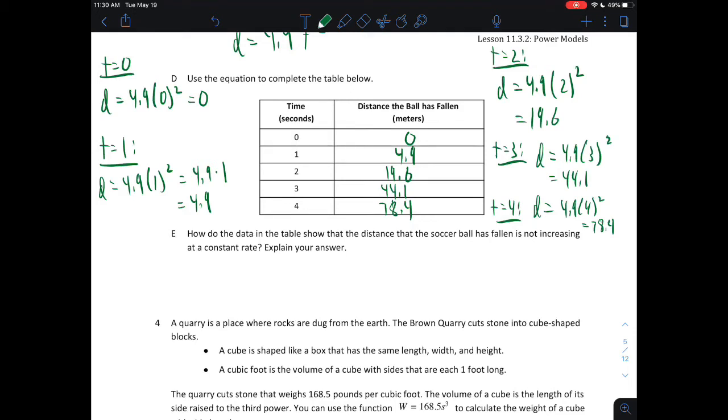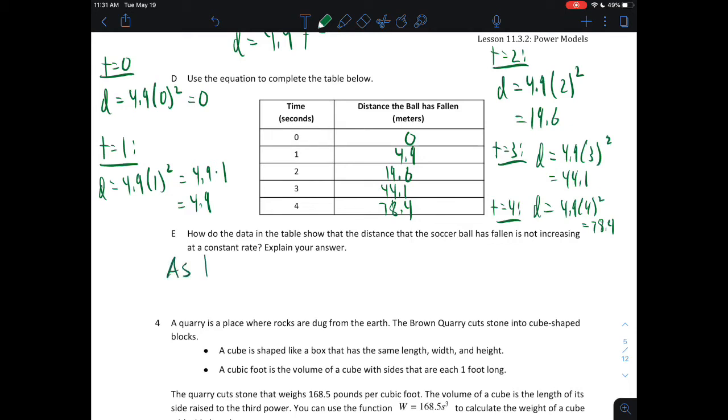But the distance from time equal to 1 second to time equal to 2 seconds, that's the distance from 4.9 to 19.6. That's about 15 meters. But now as we increase from time equal to 2 seconds to time equal to 3 seconds, it goes up from 19.6 meters to 44.1. That's more than 20 meters. So you can see that the increase in distance is not constant.